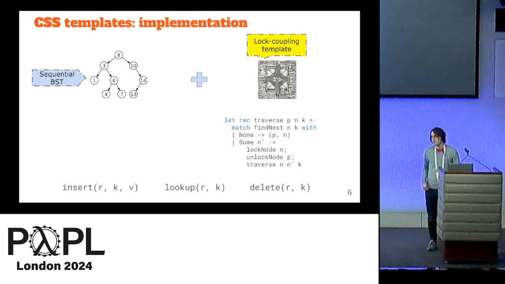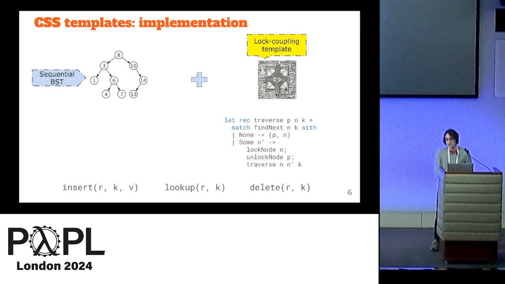All traverse does is walk through whatever data structure you're looking at, using whatever concurrency pattern you're trying to define, to figure out which node is the one where a given key belongs. In insert, that might be where we want to insert the new key. In lookup, that might be where the key is already in the data structure. But all of these functions are implemented basically by a call to traverse and then whatever operation they actually want to do.